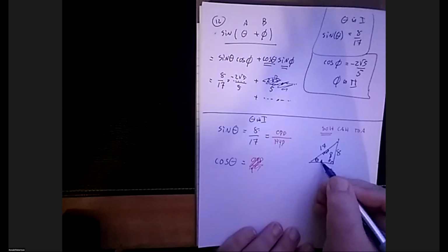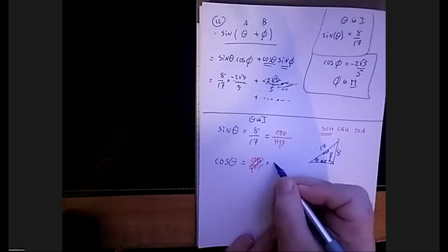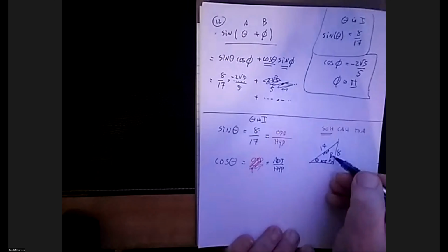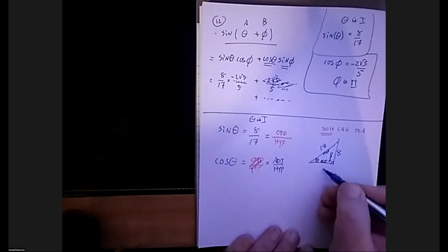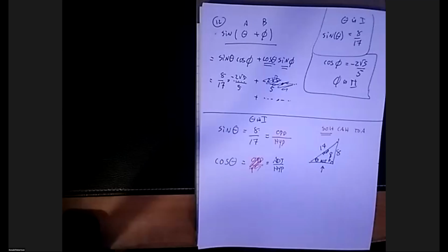The only thing I don't know yet is the adjacent, and the cosine is the adjacent over the hypotenuse. If I know that this guy here is 17 and this side here is 8, you don't need to tell me the number because I'm pretty sure it's an ugly number and I'm going to have to figure it out in a minute. But how are we going to get that third side?